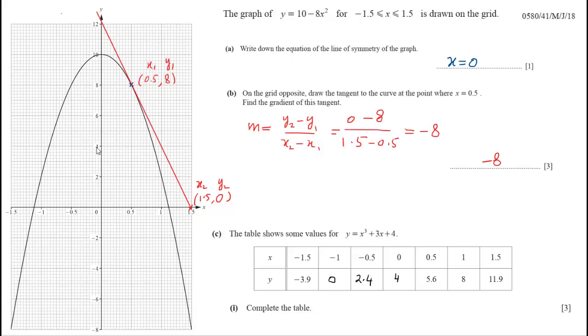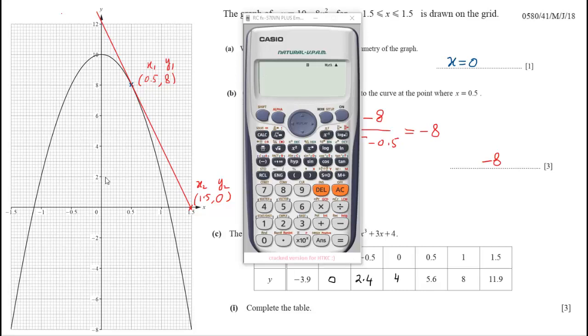From 2 to 4 there is a gap of 2, which is divided into 10 small boxes. So divided by 10, therefore one small box is equal to 0.2.